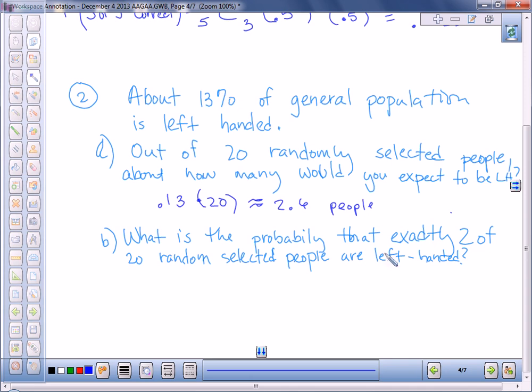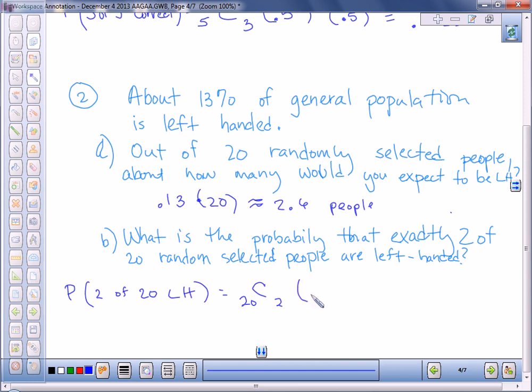Okay, so we would say the probability of 2 of 20 being left-handed is the combinations of, what would it be? 20 choose 2. And what is the probability of success? 0.13. And how many successes? 2.